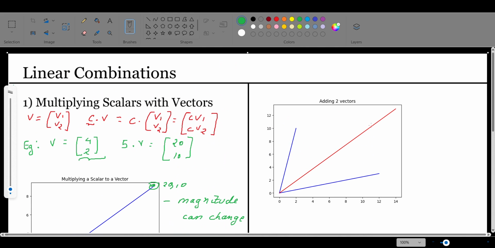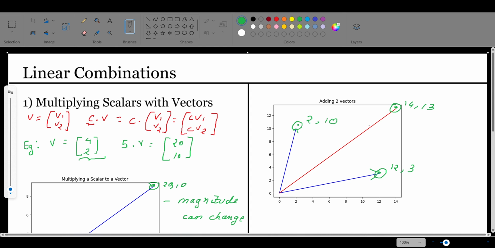Over here, you'll see this first blue color line. This point over here is 2, 10. And this point over here is 12, 3. These are the two vectors that are getting added. And this red line over here indicates the resultant sum, which is 14, 13.